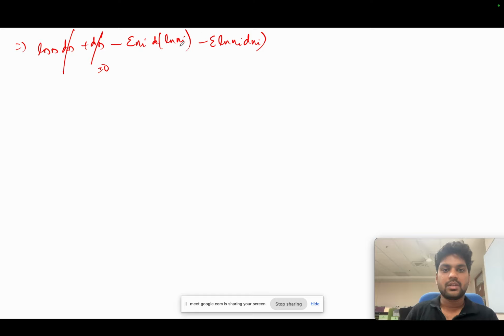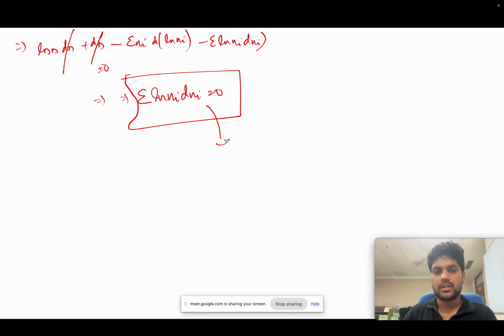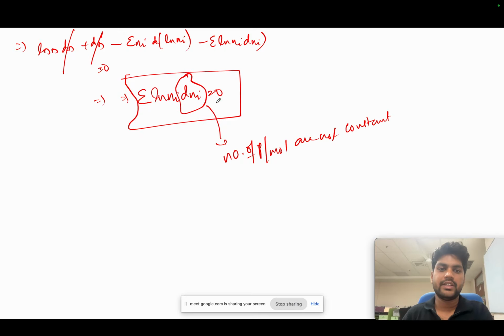Again this also gets cancelled because we get ni. So the final equation is sigma ln ni dni equal to 0. Here the number of molecules is not constant, so this derivative is not 0, and the remaining all become 0. So still we have not got any conclusion.